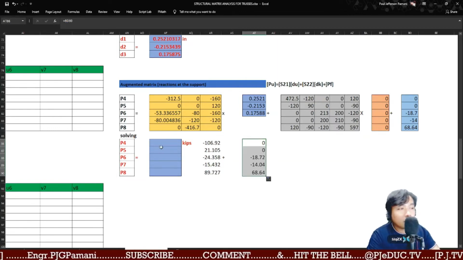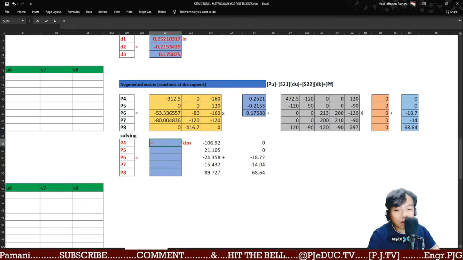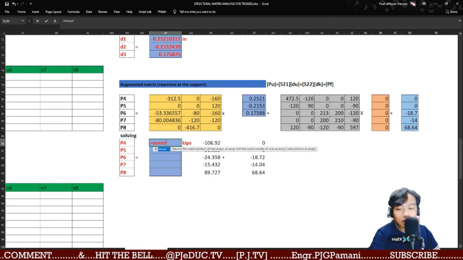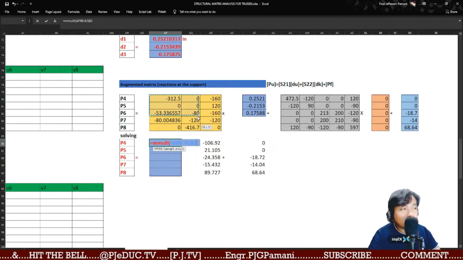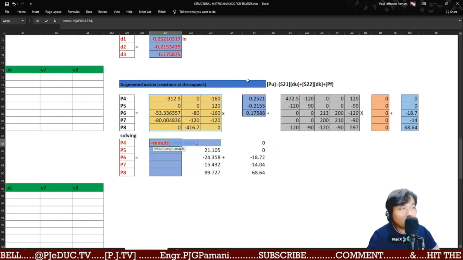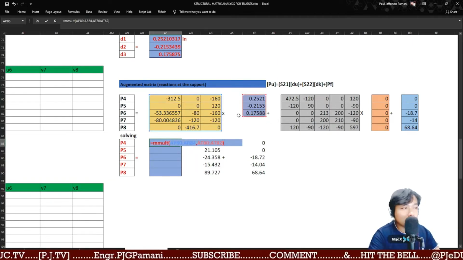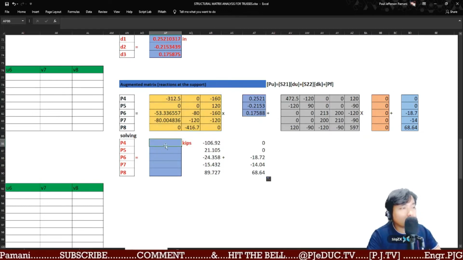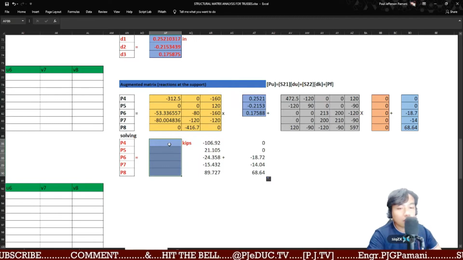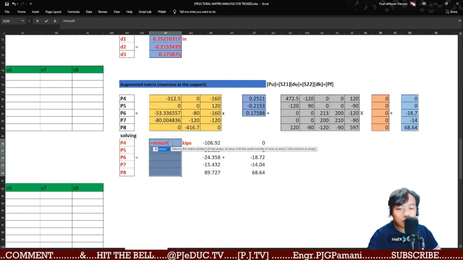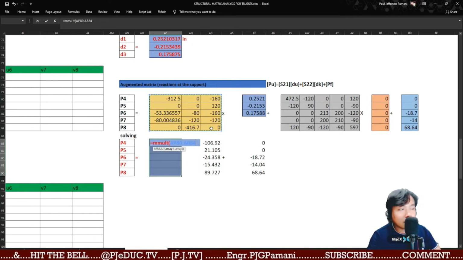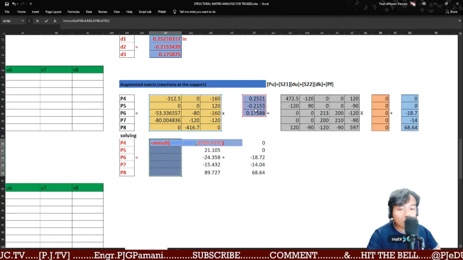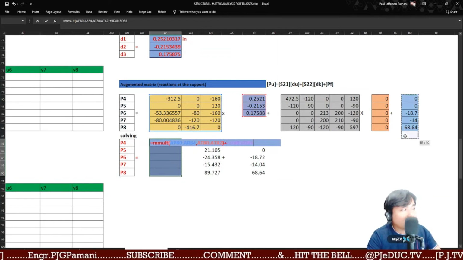Okay? Or we could simply do that here. The matrix multiplication of this matrix with this matrix plus, dapat lahat, the matrix multiplication of this matrix with this matrix plus this matrix.